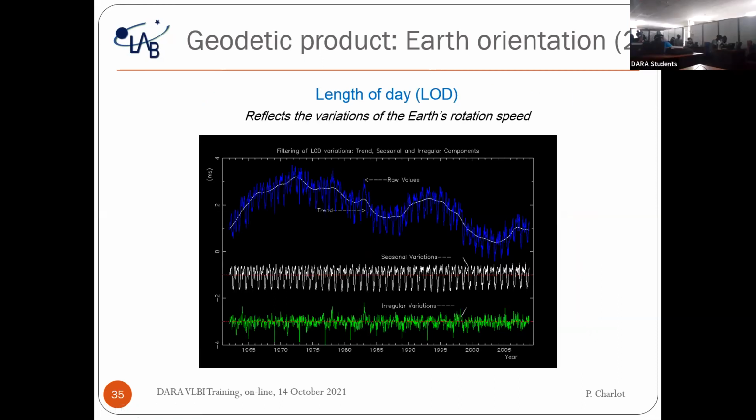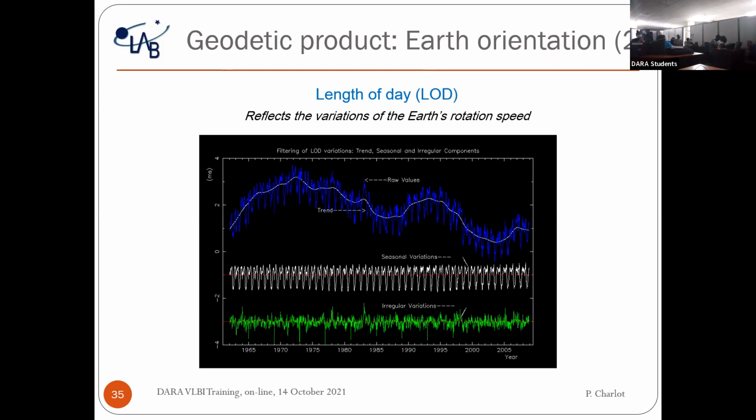The third thing, talking about the Earth orientation, is the variation in the speed of the Earth, which we also call the length of day. The Earth's rotation speed is not fully uniform.